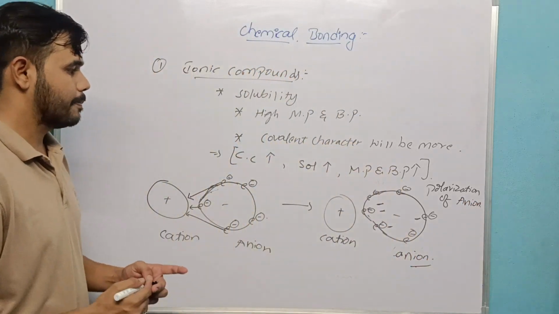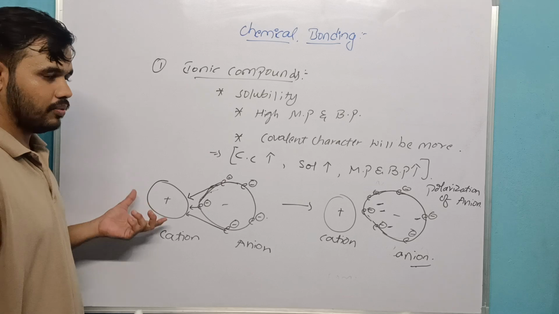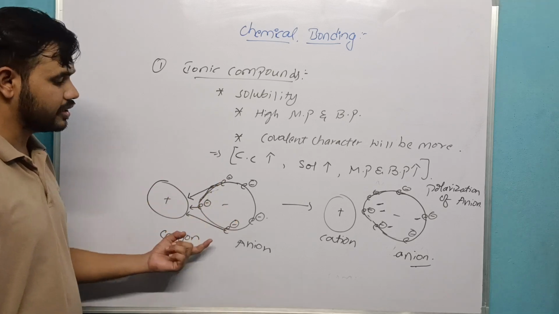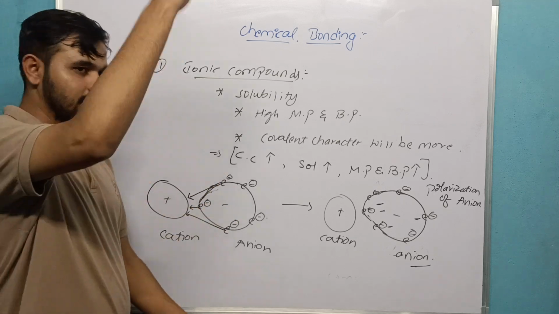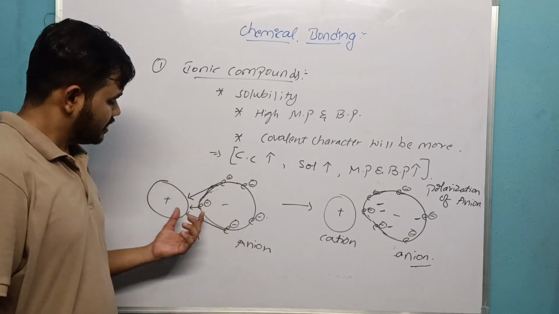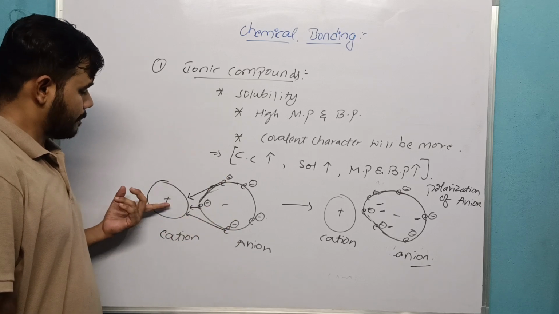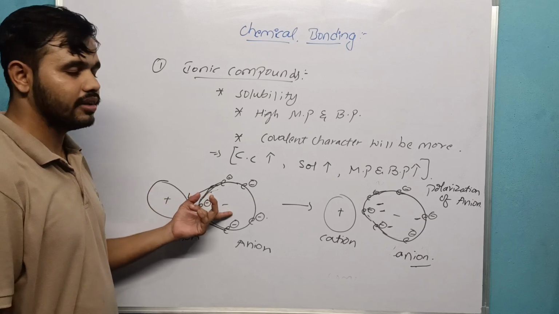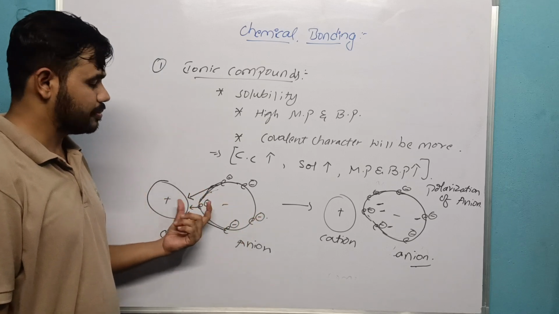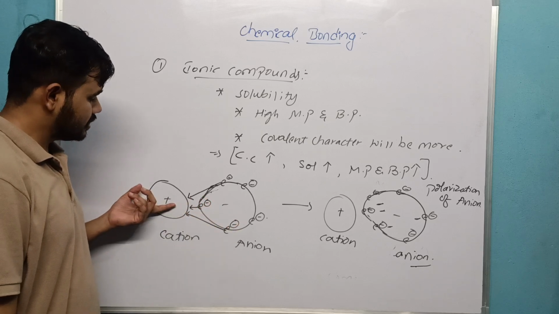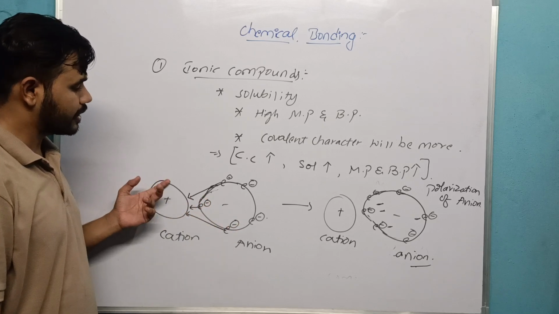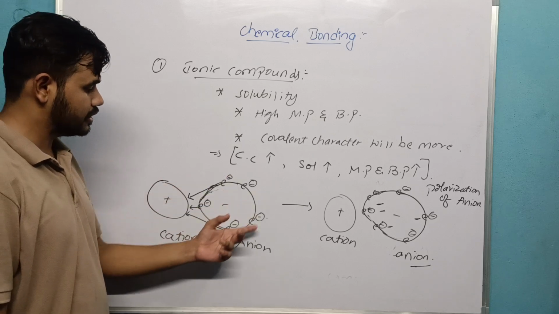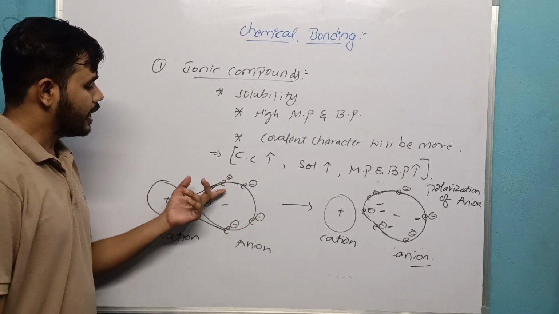I will repeat again. The cation is small in size, and the anion is bigger in size. The cation has positive charge, and the anion has negative charge. Like charges repel, unlike charges attract, right? The cation tries to attract the electrons present on the surface of the anion.